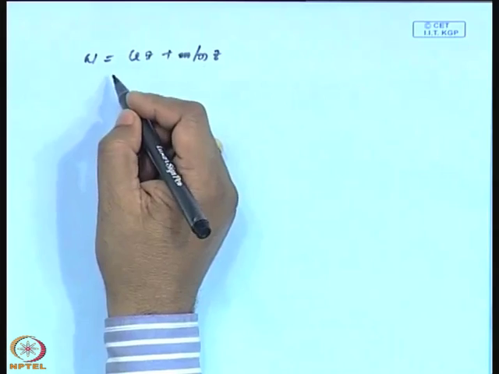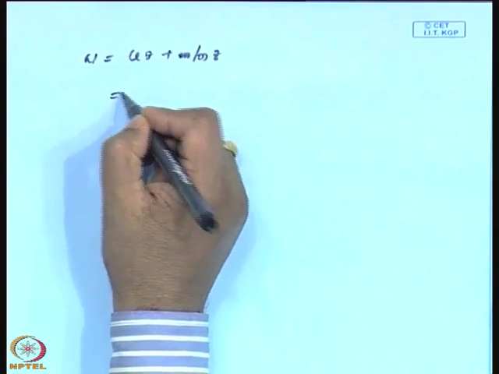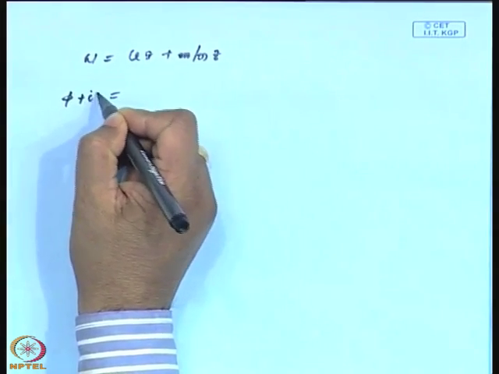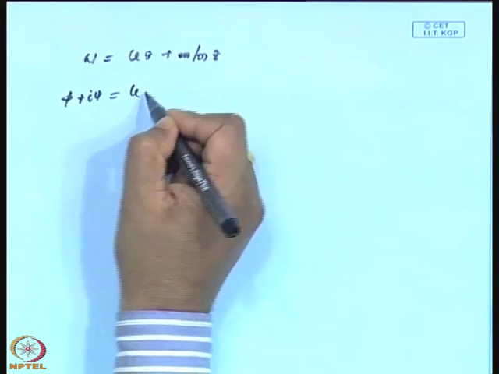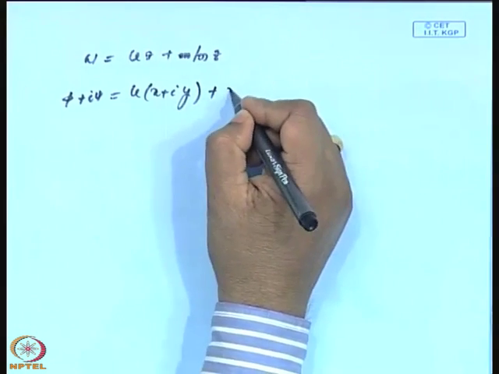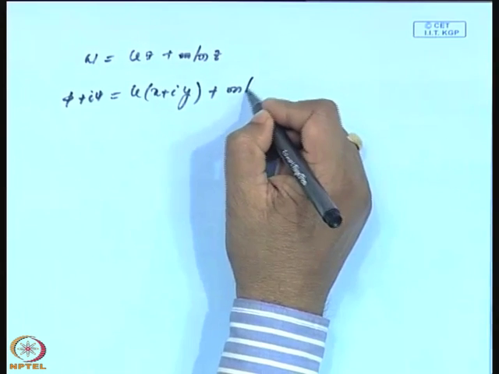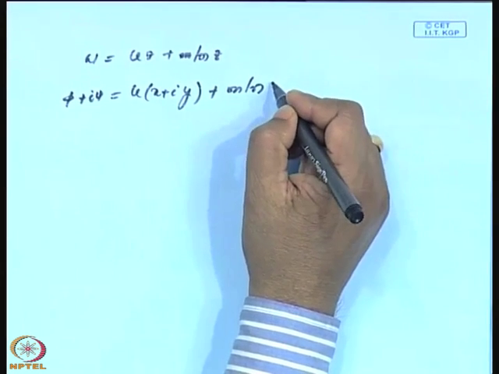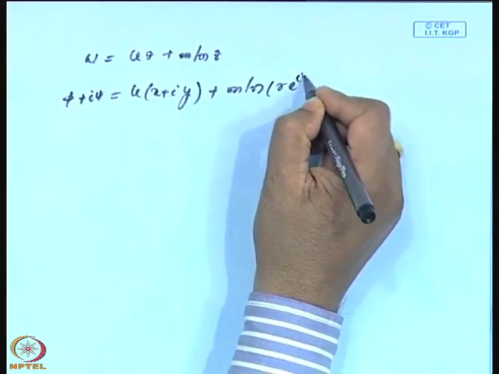If you look at the complex velocity potential, from this we can get phi plus i psi will be u x plus i y plus m log r e to the power i theta.